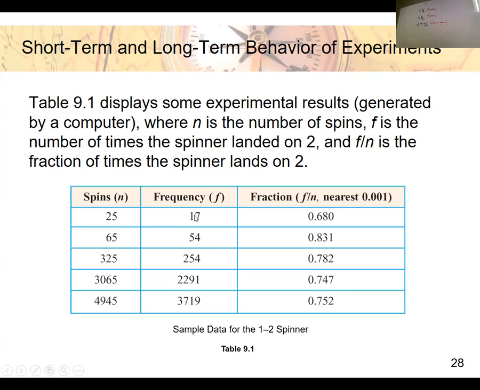Like 25 spins, the frequency was 17. They do 17 divided by 25 to get 0.680. And if they spin 65 times, the frequency of getting a 2 was 54. 54 divided by 65 came out to be 0.831, and so on. That's just sample data for that 1-2 spinner that I showed you.